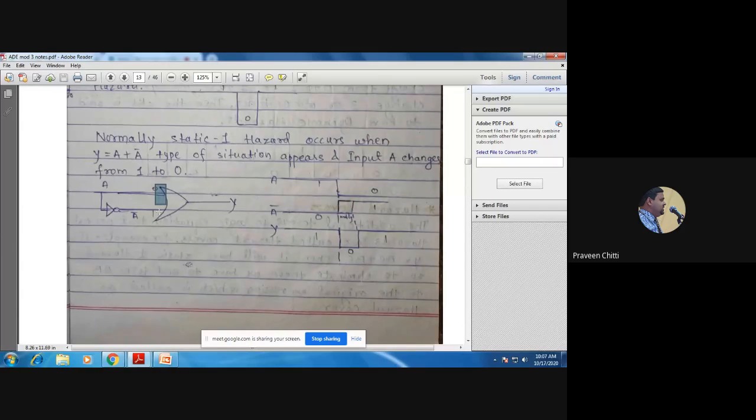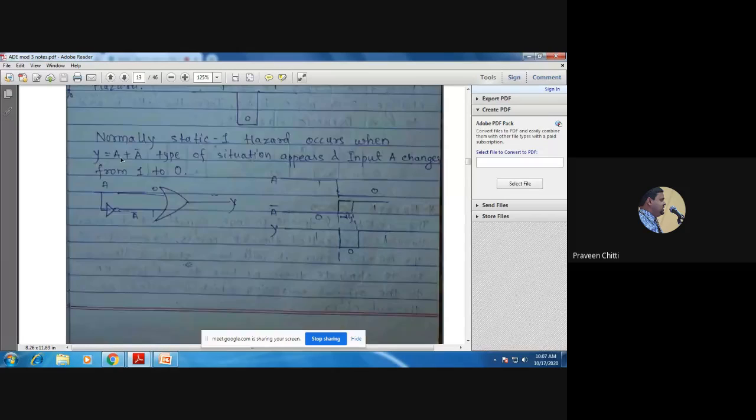Already A is 0, and A bar is also 0 because of the propagation delay of this gate. Hence the output Y of this gate for this propagation delay becomes 0. Then when A bar becomes 1, Y becomes 1.